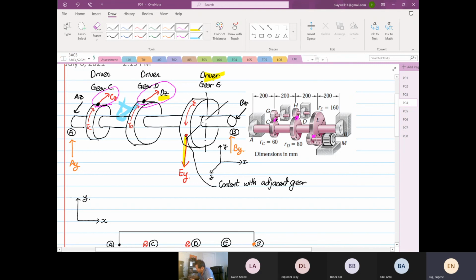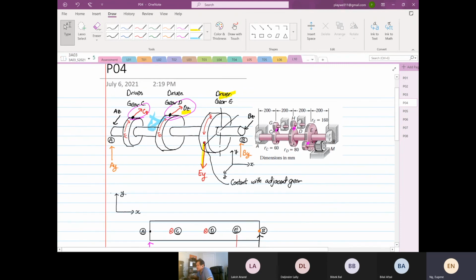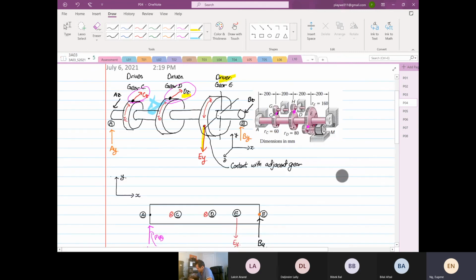Identifying the contact point is important, number one. Why? Because if you don't identify the contact point, you don't know whether the reaction is in the Z direction or in the Y direction. For this chapter, I think this is the critical part. I did not test you on this yet in the quizzes; I gave you the direction, or the question gave you the direction.